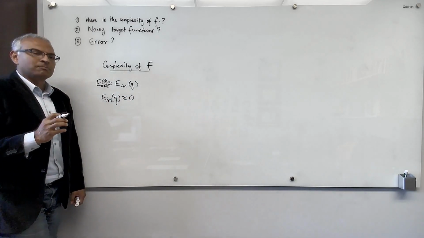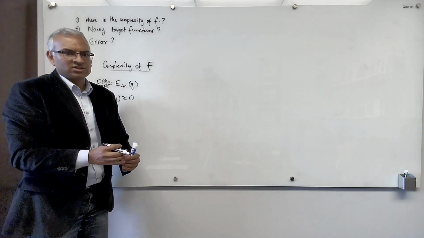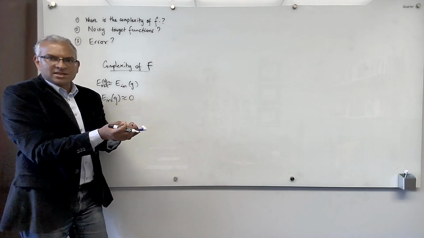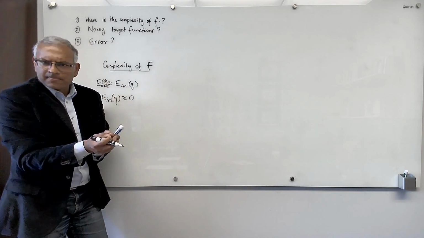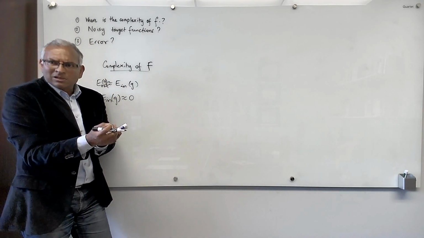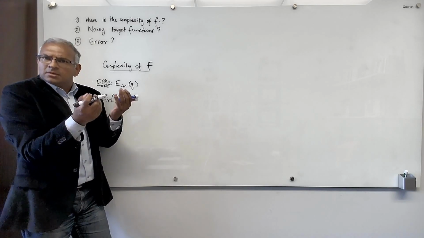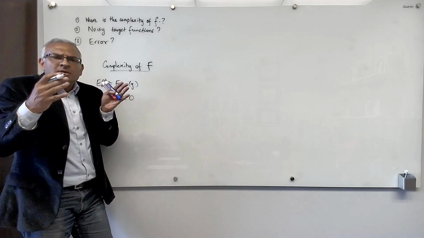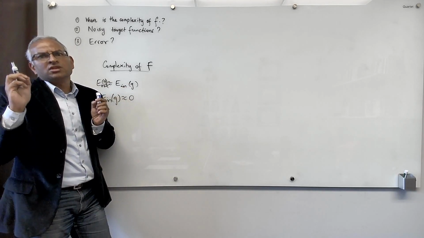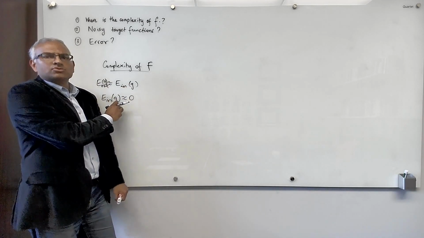So let's think about a complex target function. A complex target function will realize in the data set as more complex data. And if the data is more complex, then you are going to need a larger hypothesis set in order to give yourself a chance at getting E_in closer to 0.